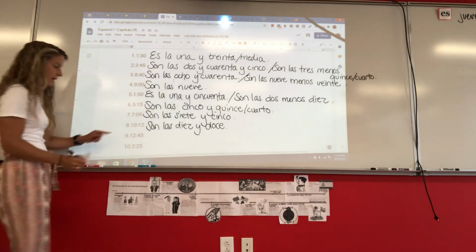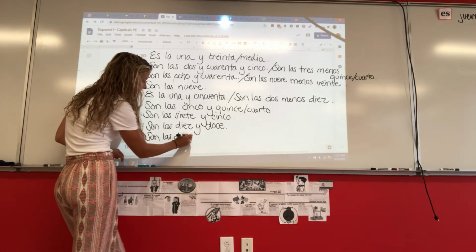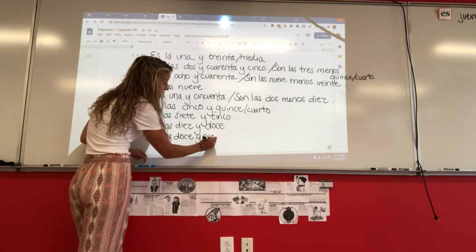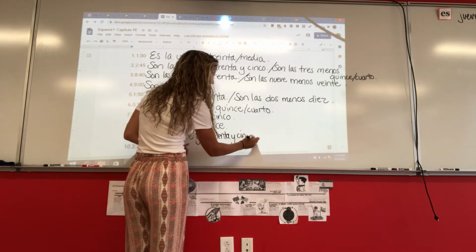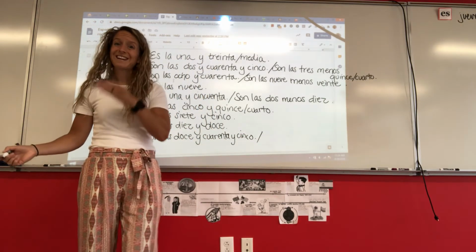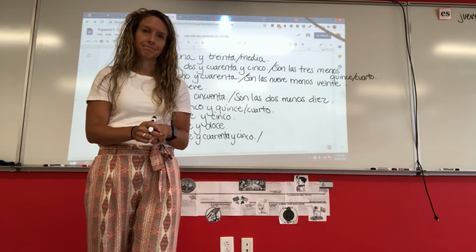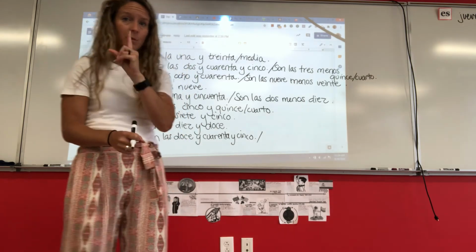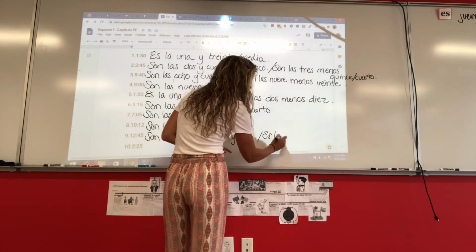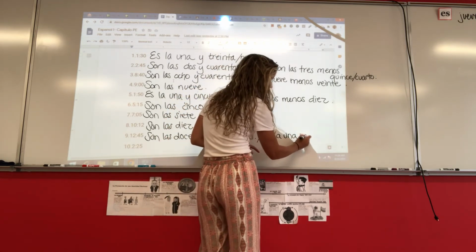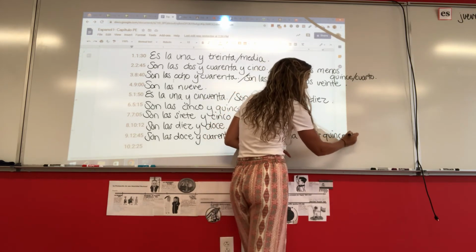Okay, aquí we can go ahead and add, ¿qué hora es? Son las 12:45. We can always add. All right, if we go to the next hour to minus, what's the next hour after 12? 1. So remember what we have to do with 1, we have to say es la una menos 15 or menos cuarto.